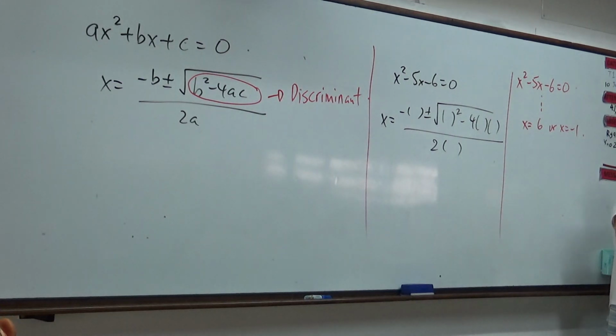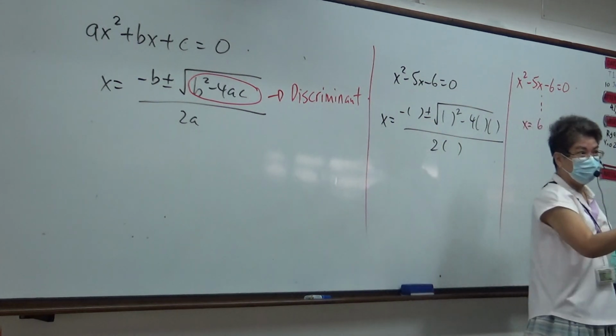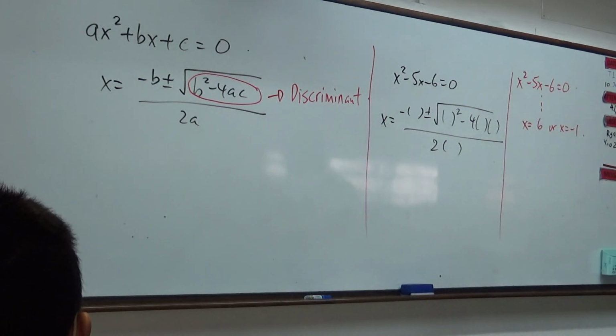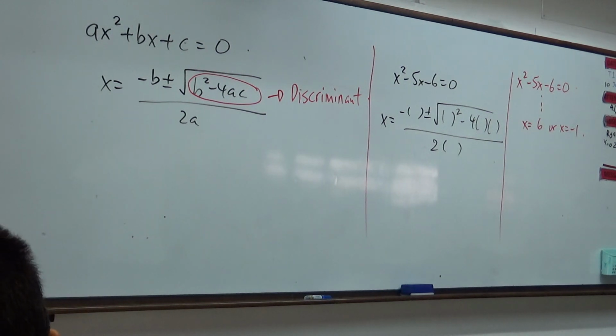Now, I explain why I put brackets instead of straight away subbing in the number. Because sometimes it can be negative. When it's negative, people will tend to make mistakes, because negative and negative becomes positive, and then they forget. You understand what I'm talking about?